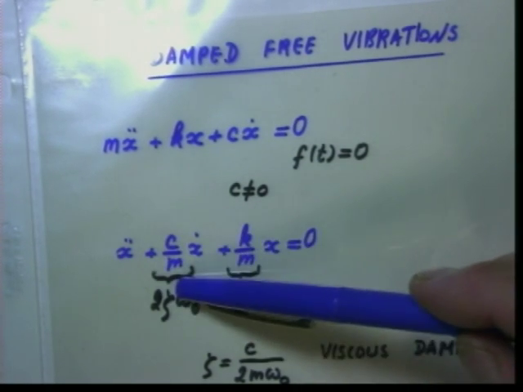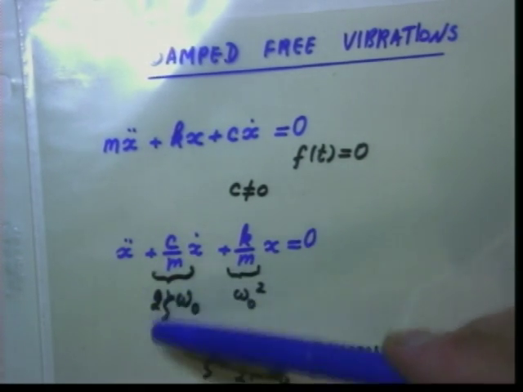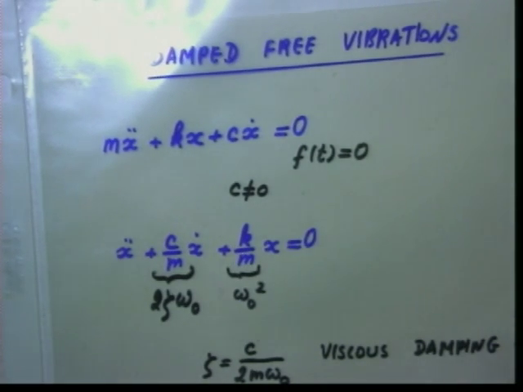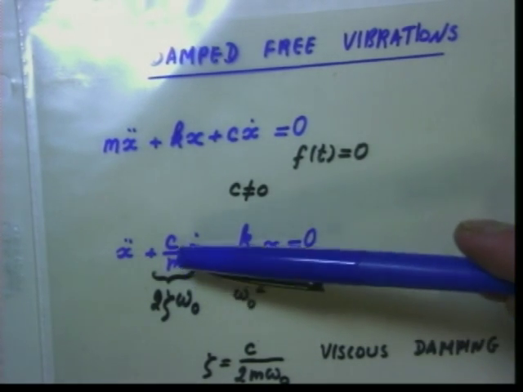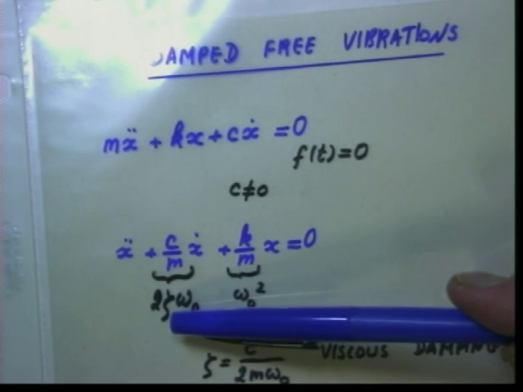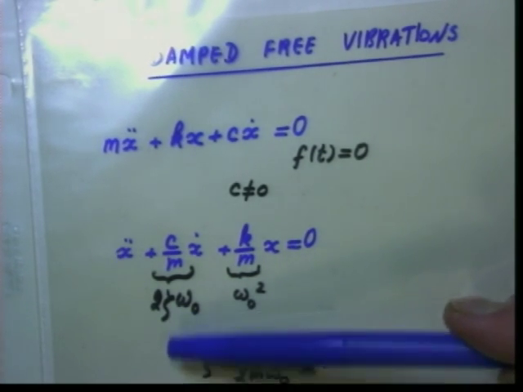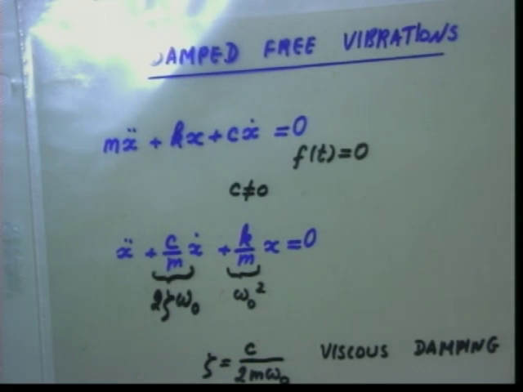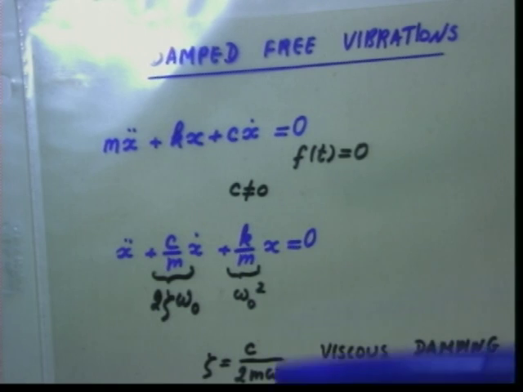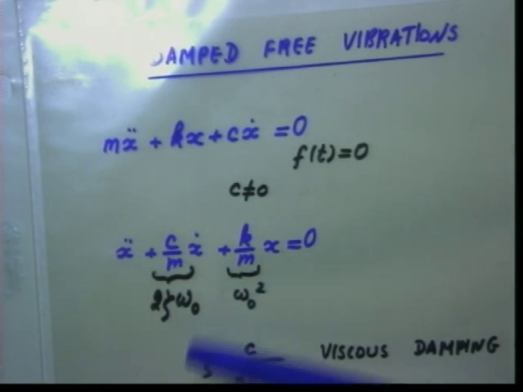Now this expression C over m is a coefficient, and we are replacing it by another coefficient, zeta, which is a non-dimensional coefficient, while C is a dimensional coefficient. This non-dimensional coefficient is introduced as C over m equals 2 zeta times omega sub 0.